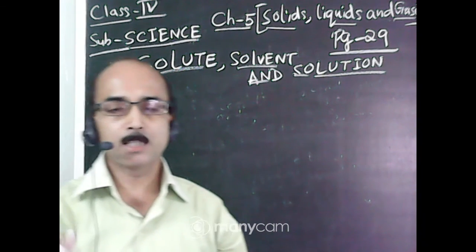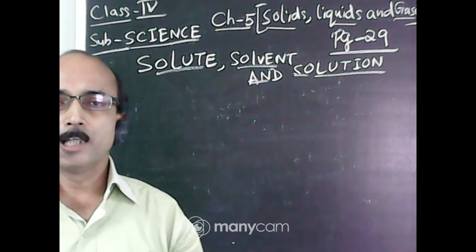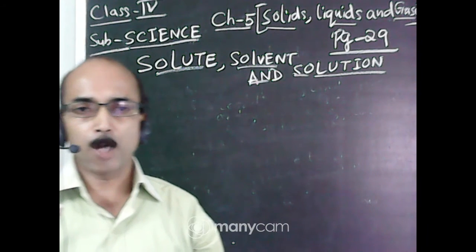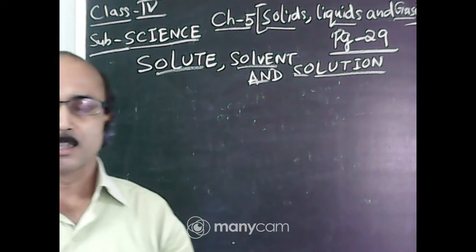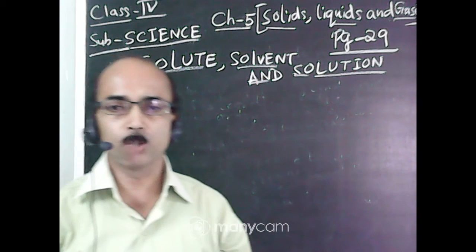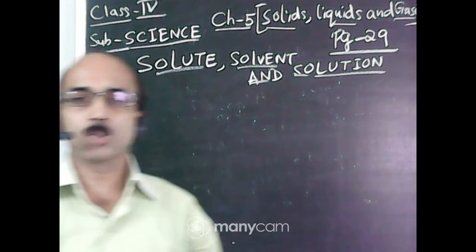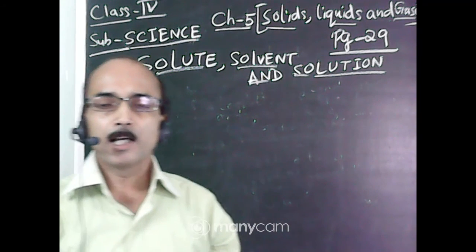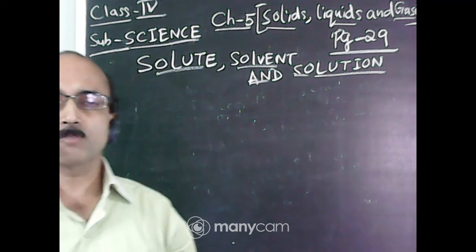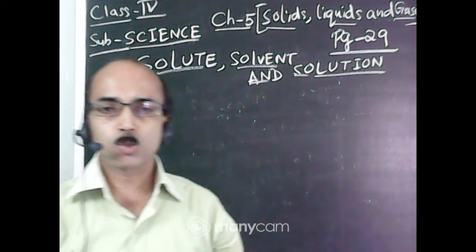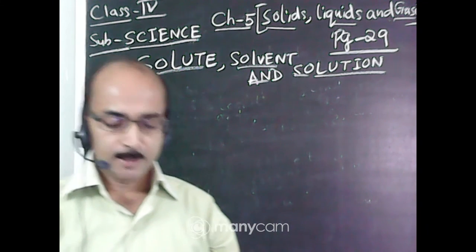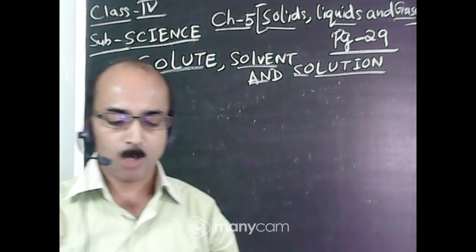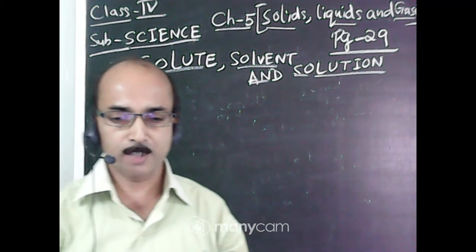The main idea is that the molecules of a liquid are not very closely packed. There are some spaces in between the molecules. So when the sugar is dissolved in the water, what will happen? The molecules of the sugar fill up the empty spaces of the water molecules. This way the level of the water does not change and the volume of the water remains the same.